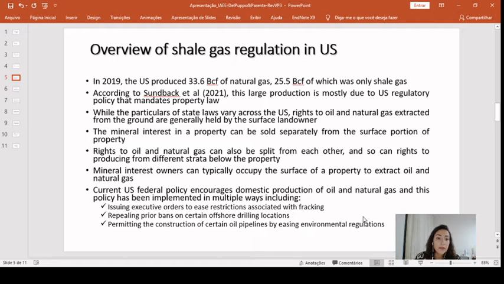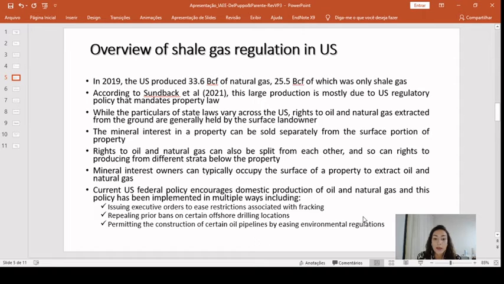In 2019, the US produced 33.6 BCF of natural gas and 25.5 BCF of which was shale gas. According to Sandbeck et al., this large production is mostly due to U.S. regulatory policy. While the particulars of state law vary across the U.S., the right to extract oil and gas from the ground is generally held by the surface owner.